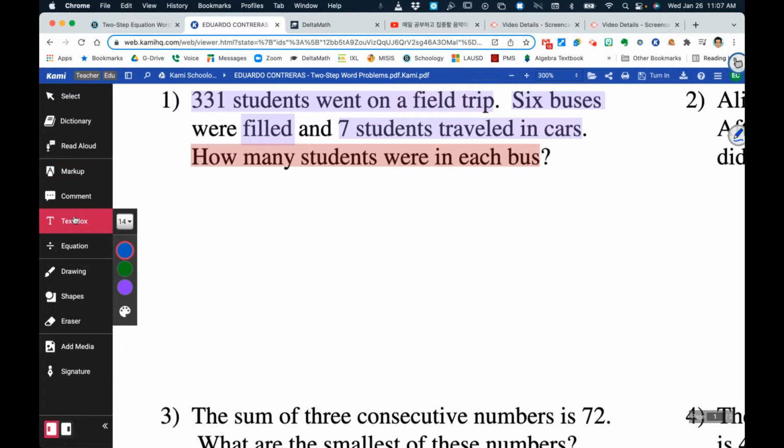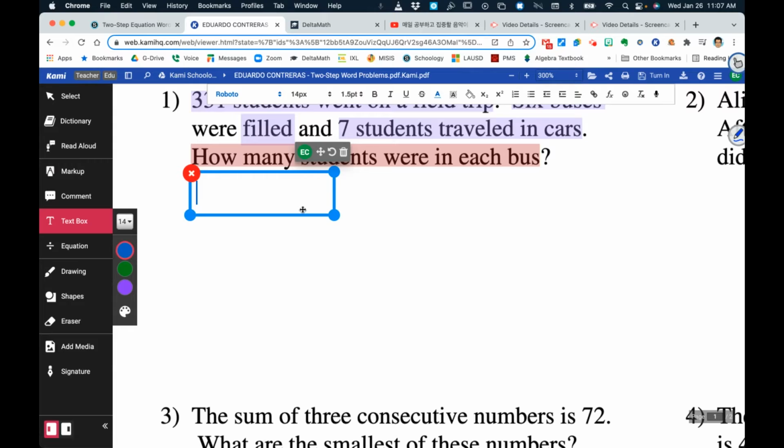So if I want to start by defining a variable, I'm going to call it B. Guess what B represents? Do you have to define a variable on these? Yes, you have to define a variable. So B is going to represent what? Go back to the question. This is why we define the variable.